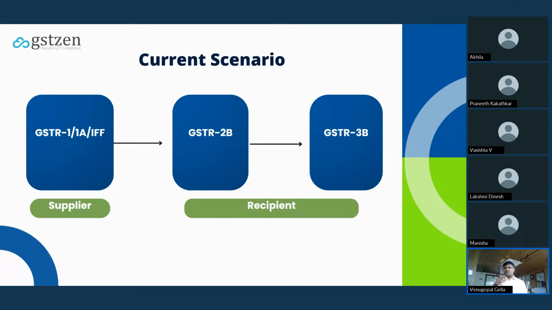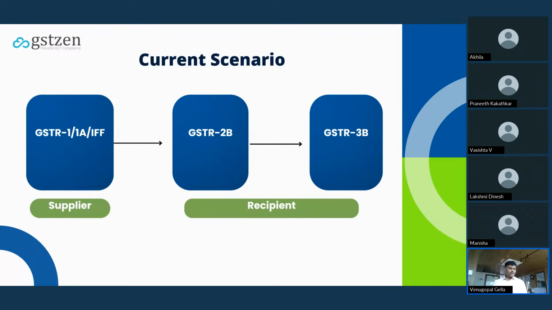Not visible in 2B, no credit. But ultimately, the net credit would be flowing only through GSTR3B. You would be reporting all these credits in 4A5. If that is ineligible and permanent in nature, you will report it in 4B1. If it is temporarily not available, I'm not saying ineligible, but temporarily not available, you will be reporting in 4B2. That's the mechanism of reporting.